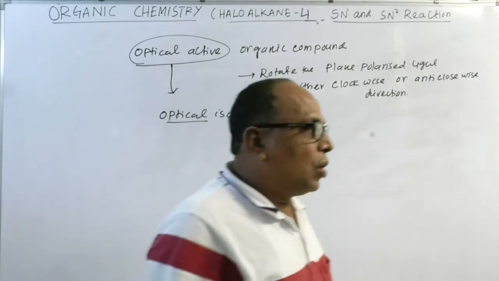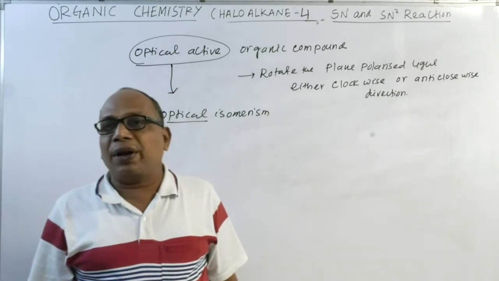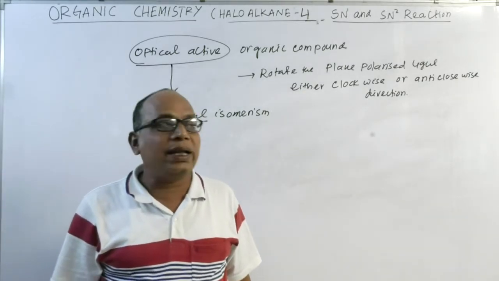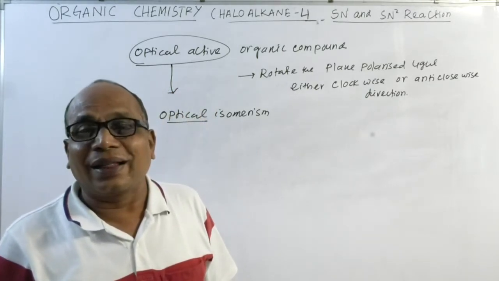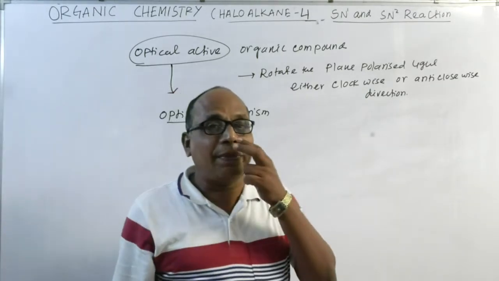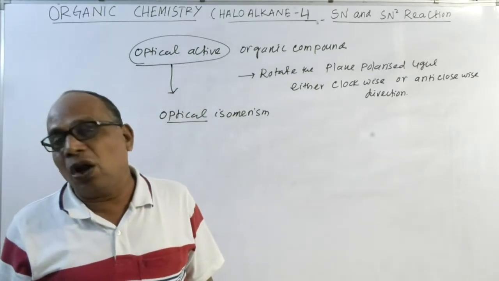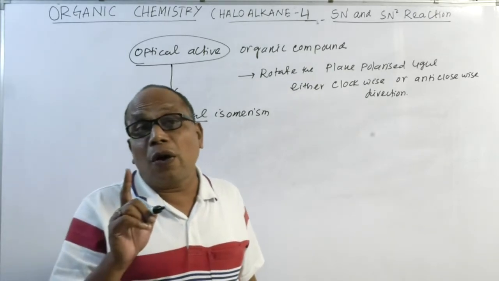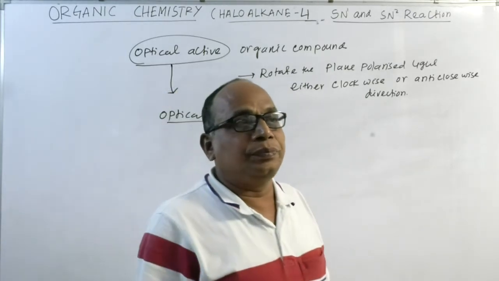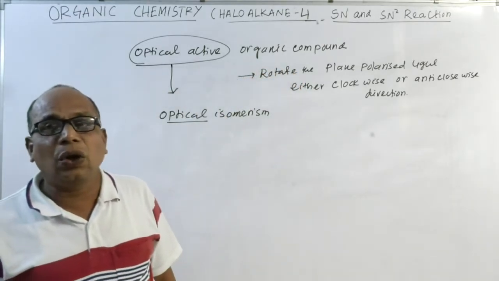That means any organic compound which can rotate the plane polarized light, either in a clockwise direction or an anti-clockwise direction, that compound can exhibit optical isomerism. Not all organic compounds, only the optical active compound can exhibit optical isomerism.